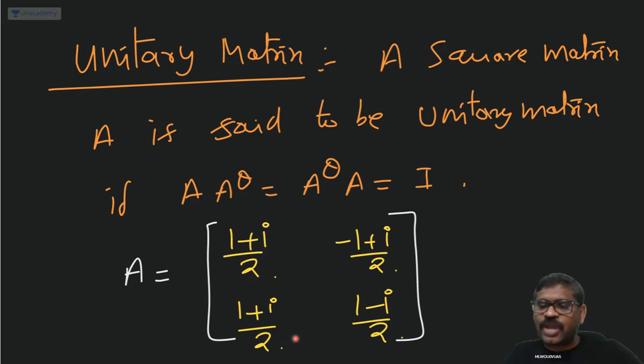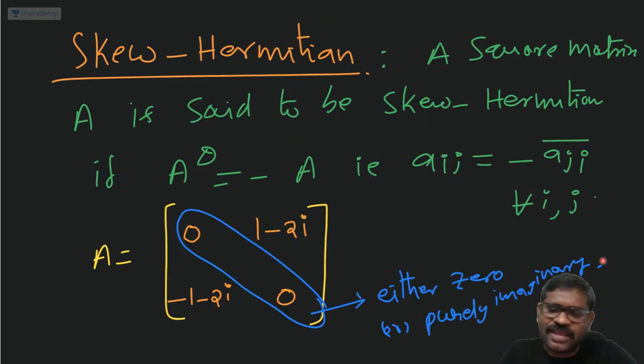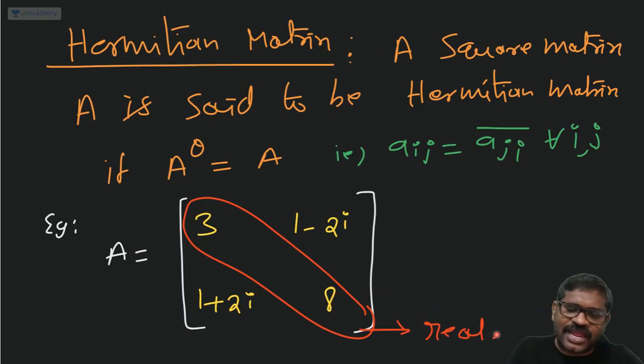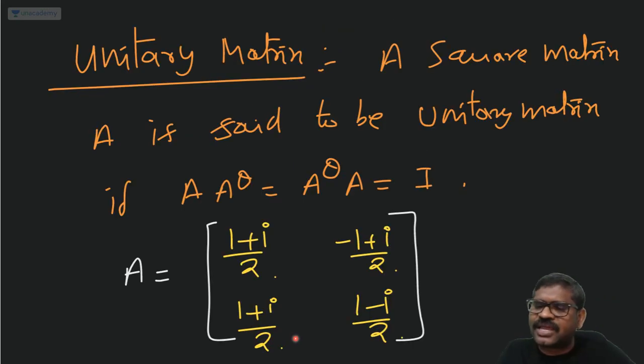There is no logic and there is no hint. Just follow the definition: A into A^θ equals I. Here I have given some observations. Principal diagonal elements you have to maintain 0 or imaginary in skew Hermitian, and real in Hermitian. But in the case of unitary, you have to follow the definition.